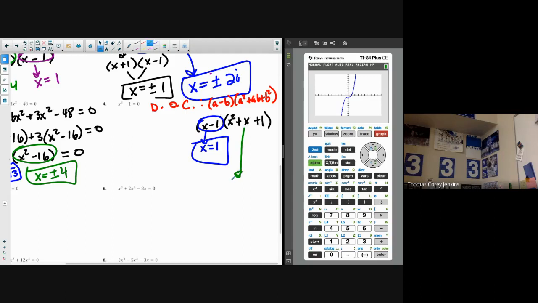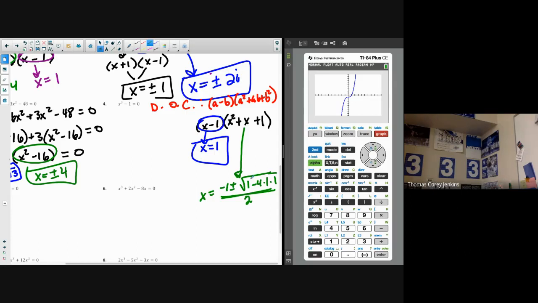So just real quick, x equals negative b, so negative 1, plus or minus the square root of b squared, so 1 squared, I'm just going to write 1, minus 4 times a, which is 1, times c, which is 1, all over 2 times 1, so all that's over 2.